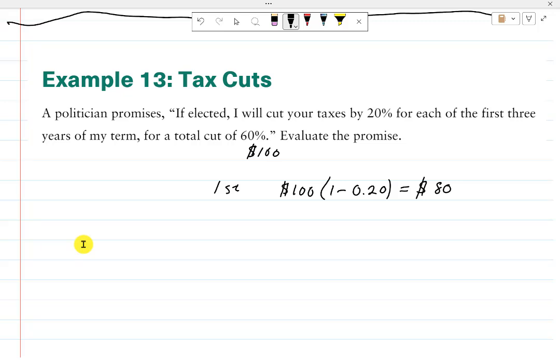Now, it's that number that we're going to take and put the 20% decrease to the next year. So I'm going to take my $80 and multiply it by 1 minus 0.20. So at the end of the second year, I think you'll find that this comes out to $64. And then finally, in the third year, we're going to do another 20%.